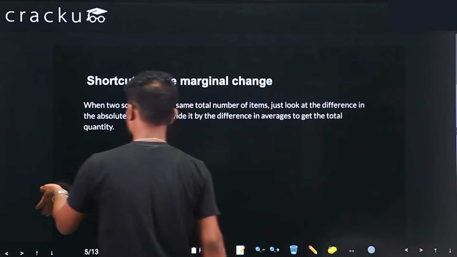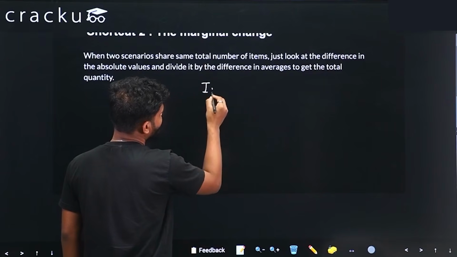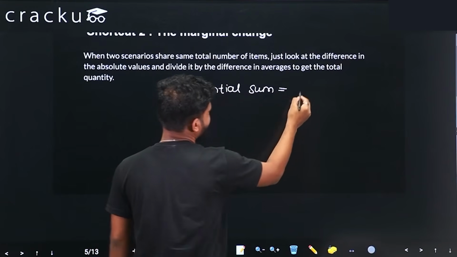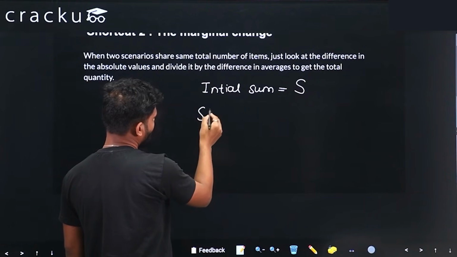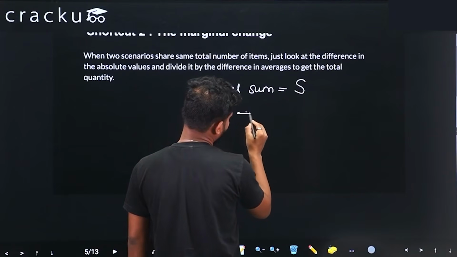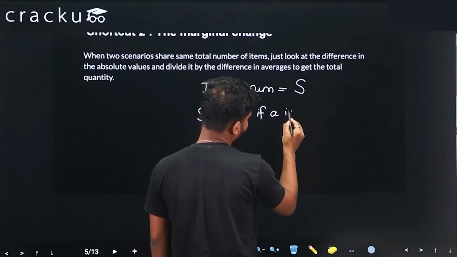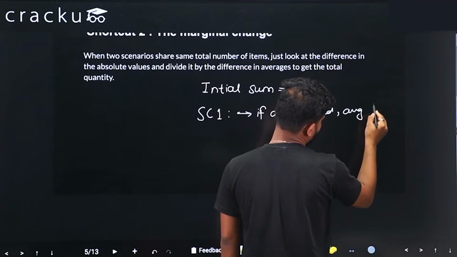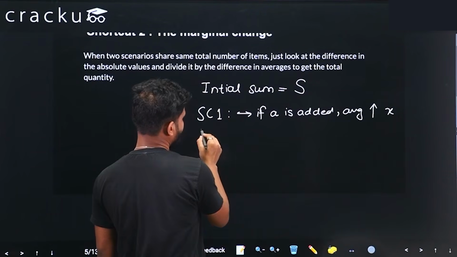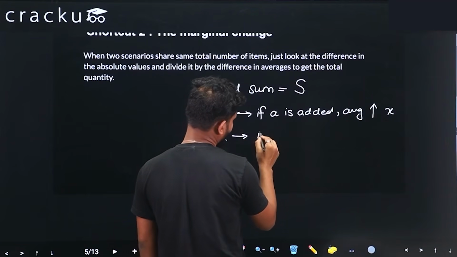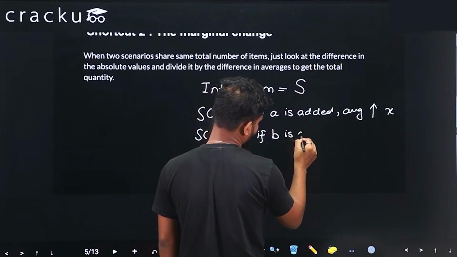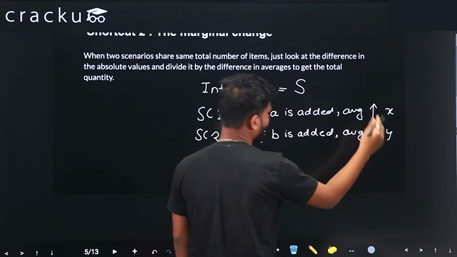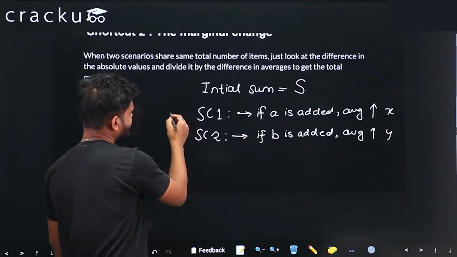What does it mean? It means that, for example, the initial sum is equal to S. For example, now scenario 1, in this what we do is that if A is added, for example, the average increases by X. Scenario 2 is if B is added to the sum, then let us say the average increases by Y. And in both cases, the number remains the same.